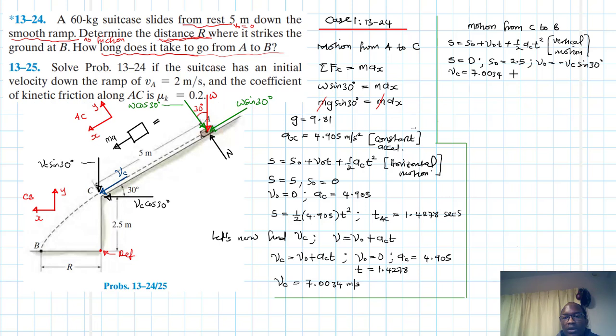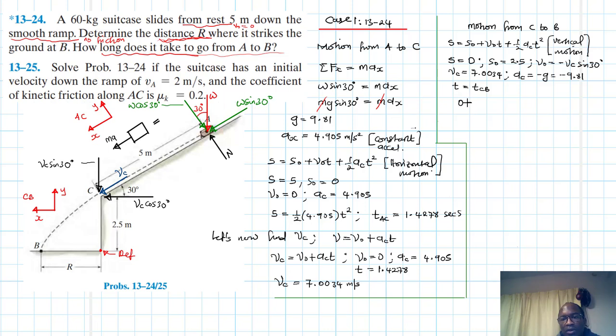What else? AC is equal to minus G, which is equal to minus 9.81, and time is what we are looking for here, which is TCB.